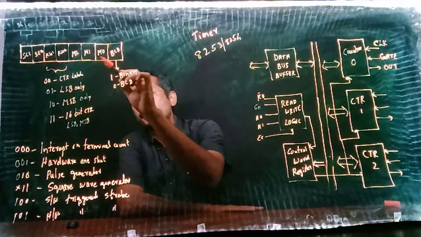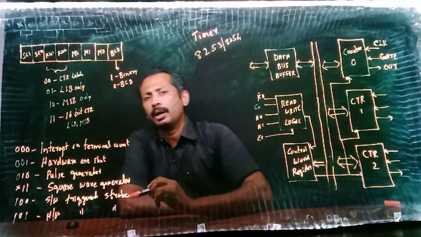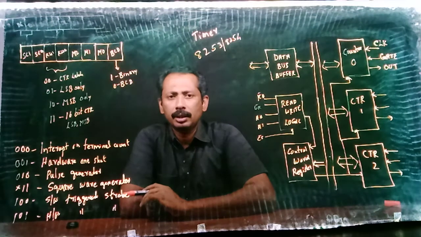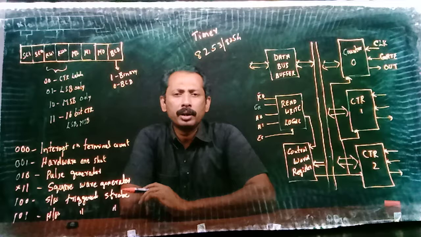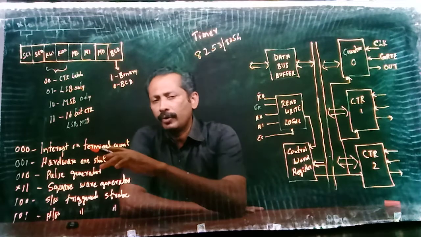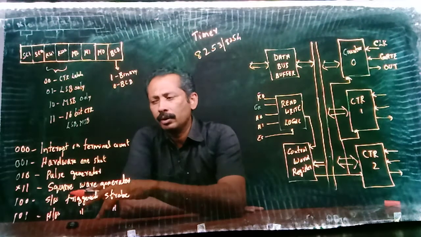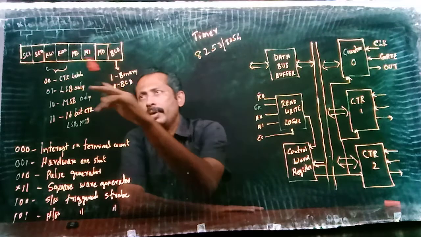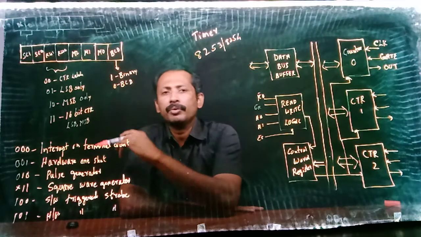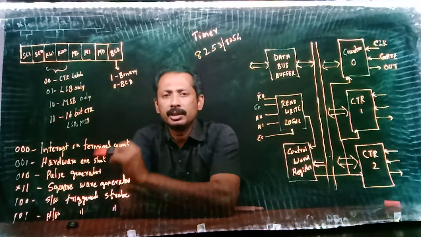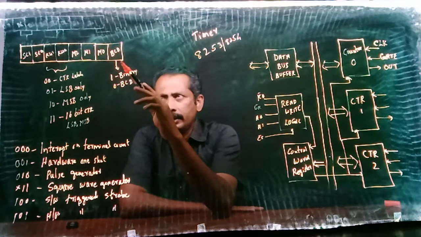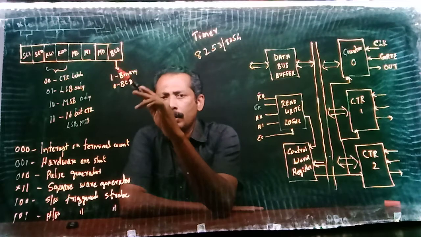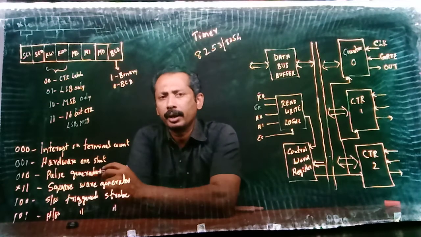And these 3 bits M2, M1 and M0 are the mode selectors. 8253 works in 6 different modes, and we can give the mode of operation of the IC here. And this last bit is for specifying BCD counting or binary counting.